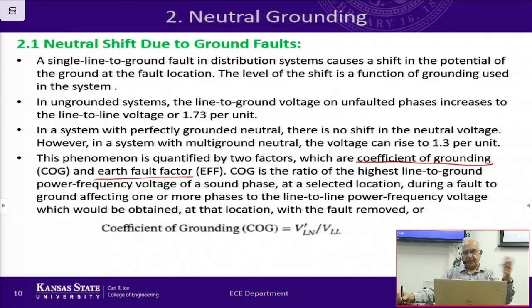This is a single line to ground fault at one phase, and we look at the other two phases and we measure the highest voltage between the two of them, affecting one or more phases, to the line-to-line power frequency voltage which would be obtained at that location with the fault removed. So it's a normal voltage. So this is called the coefficient of grounding.